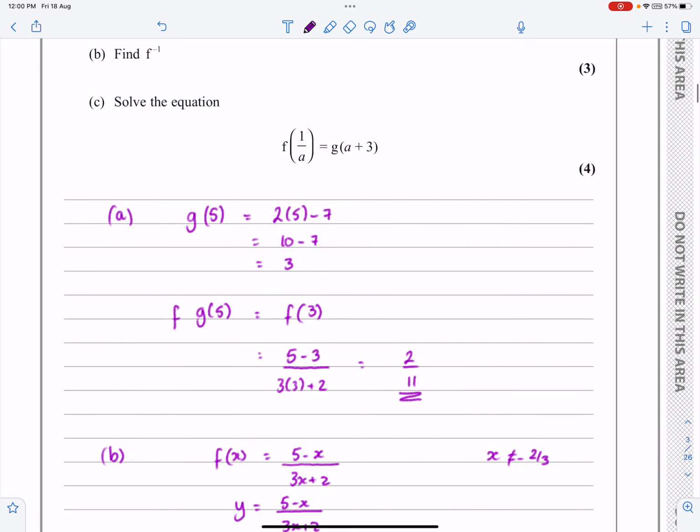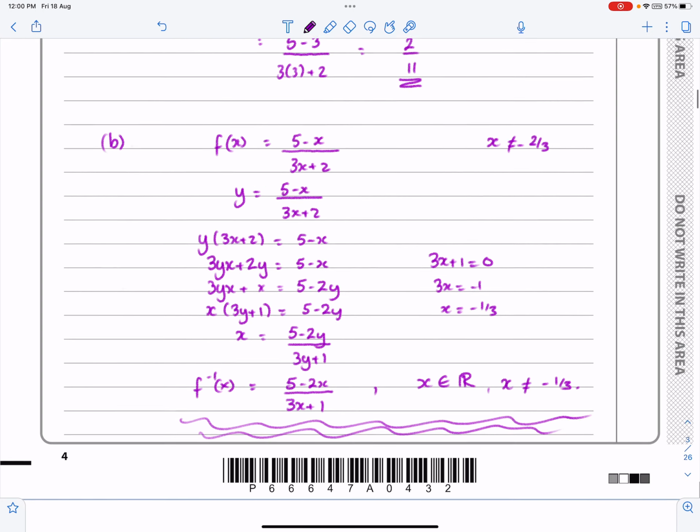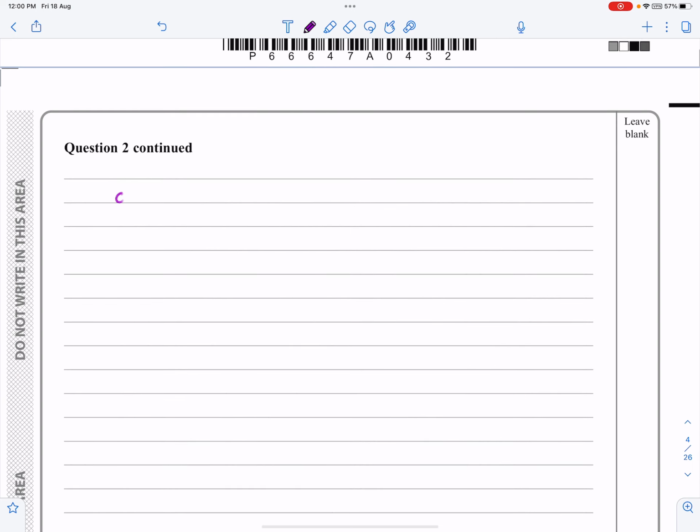Okay, part C, solve this equation. Don't know what that's going to look like until we actually get going with it. They could give us anything here, so let's just stick it all in and see what we get. So we had f of 1 over a is equal to g of a plus 3 here.